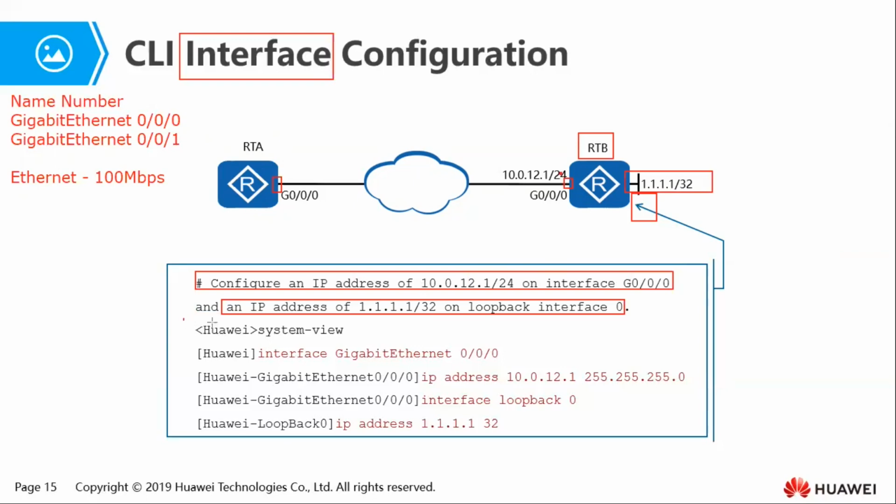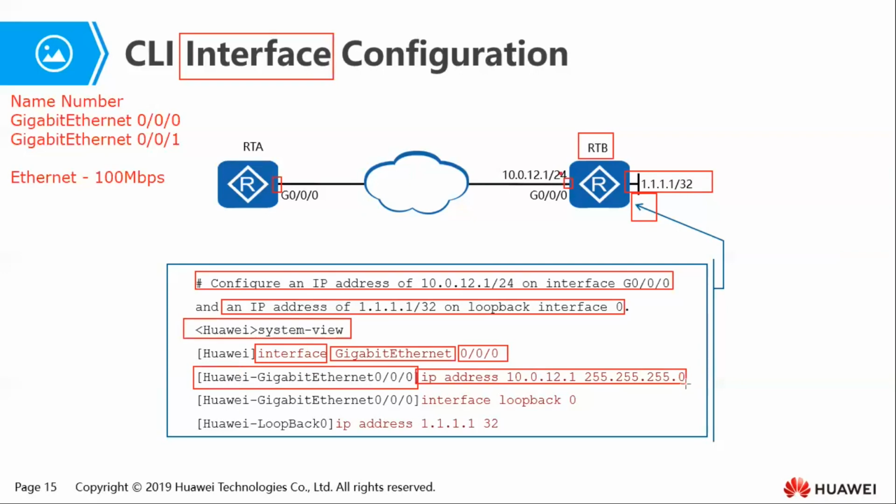In order to do that, we need to go into the system view from the user view. Then we type the keyword interface, then the name of the interface and the number of the interface. After that, we get into the interface view. Then the command to configure an IP address is ip address, then the address you want to configure and the subnet mask.